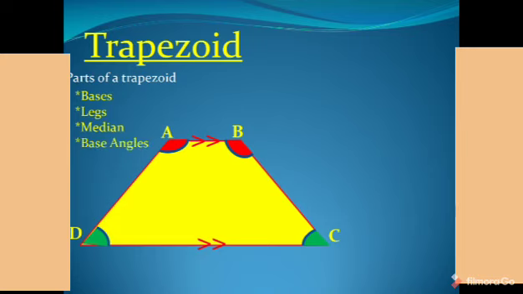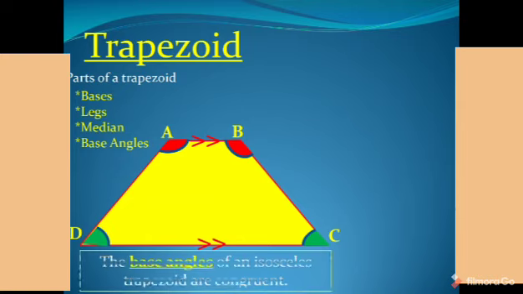Next up, we have what we call the base angles. If you take a look at our illustrations this time, you have the mark red and the mark green. The base angles of an isosceles trapezoid are congruent.